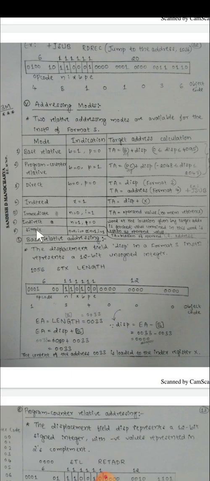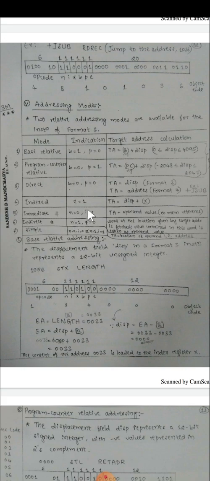And last is simple addressing mode. In simple addressing mode, the n as well as I values will be 0, or else both n and I values will be 1. If both I and n are 0, then it is simple addressing mode. If both I and n are 1, again it is simple addressing mode.